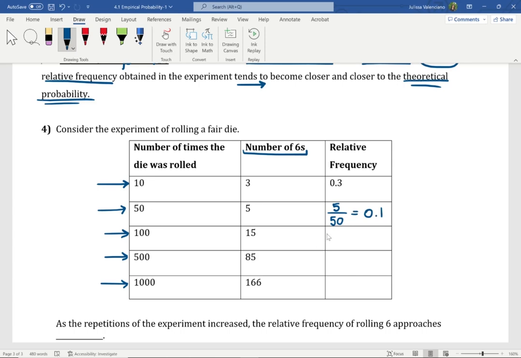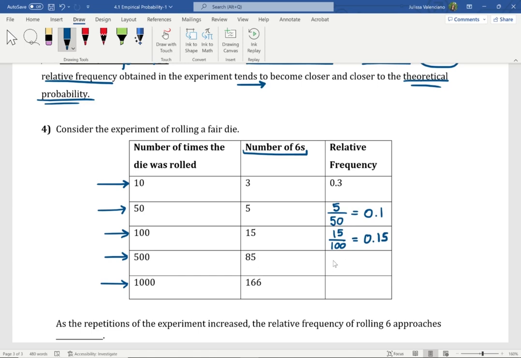For the next row, we have 15 divided by the number of times the experiment was repeated, which is 100. We get 0.15. Next, imagine the experiment is repeated 500 times and you see a 6 showing up 85 times.